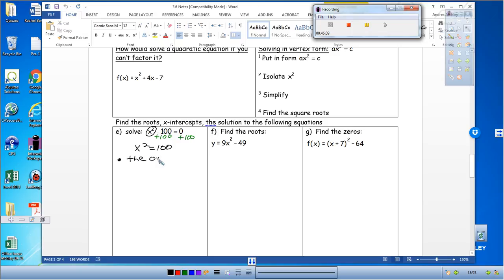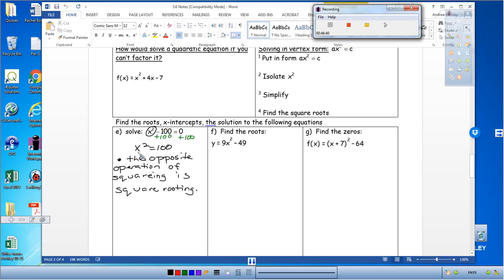The opposite operation of squaring something is square rooting. Any questions over that?